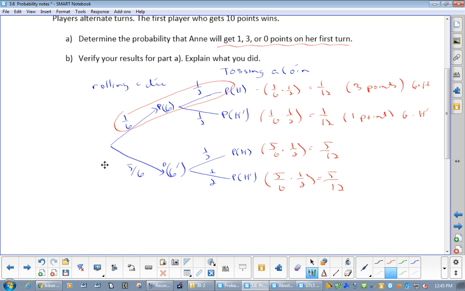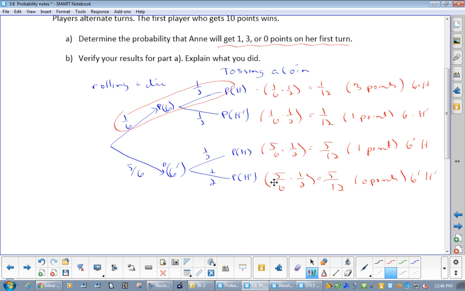How many points do I get for not 6 heads? 1 point. So that's not 6 heads. And how many points do I get for not 6 not heads? Does that make sense? Okay.